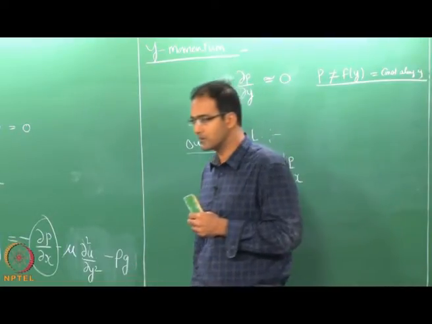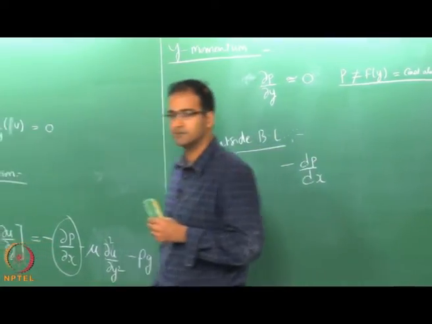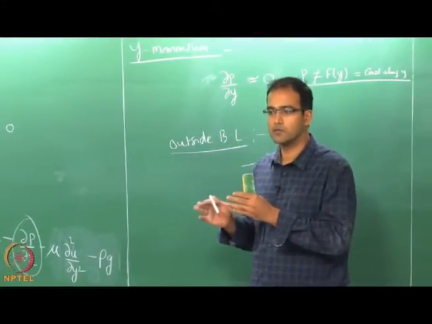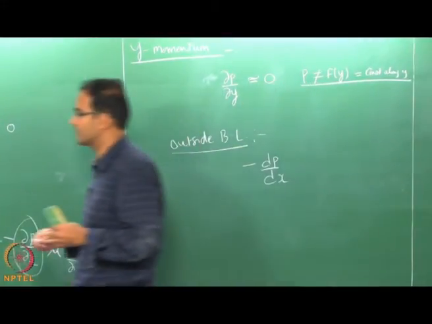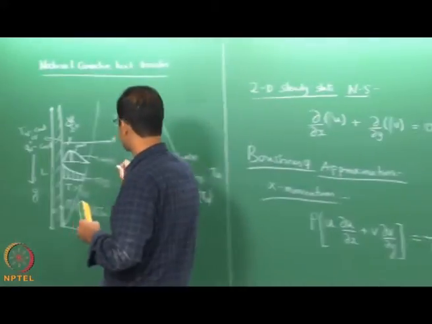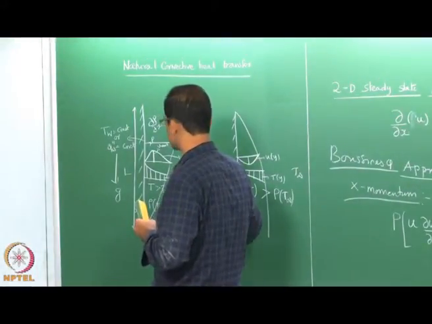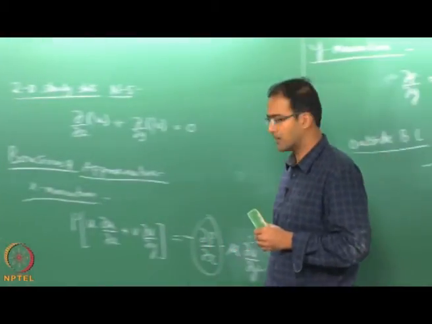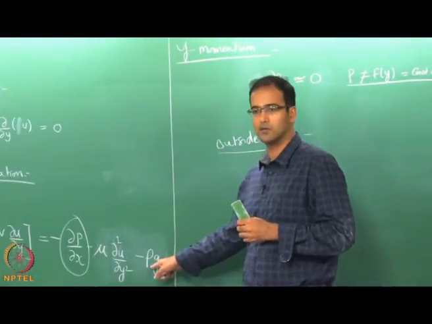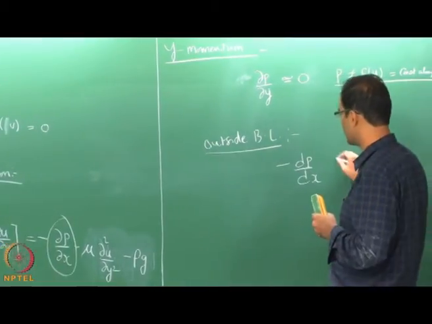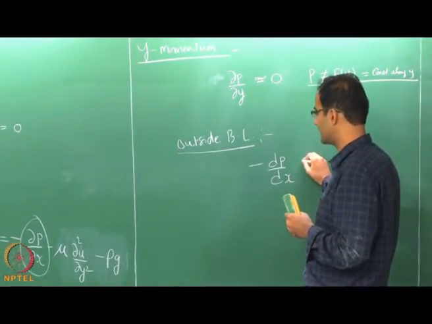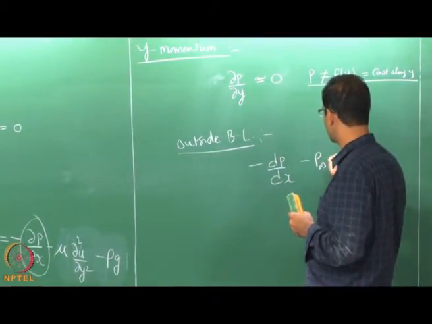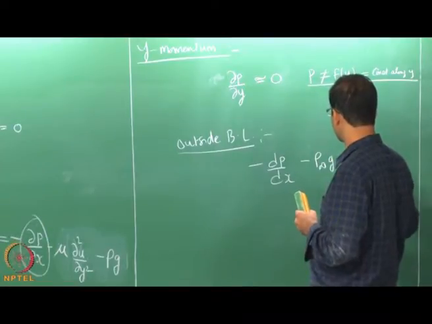But we will distinguish the density within the boundary layer from outside. So, we will express the density here as rho infinity. Outside the boundary layer we use rho infinity, therefore, we write this as minus rho infinity g is equal to 0.